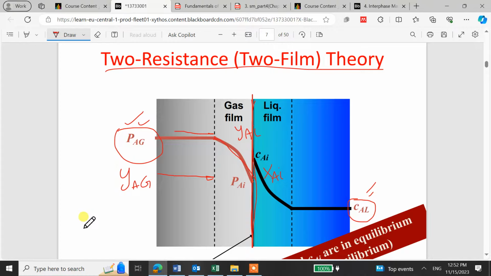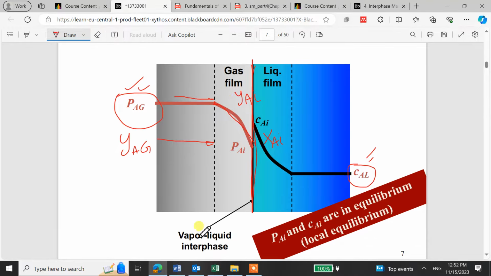So PAG minus PAI, that's the driving force in the gas film. The gas film is on a micro scale level, so we will have a drop in the concentration. What do you have here in the gas film? PAG, the bulk pressure, minus PAI, that is at the interface. This is the driving force.